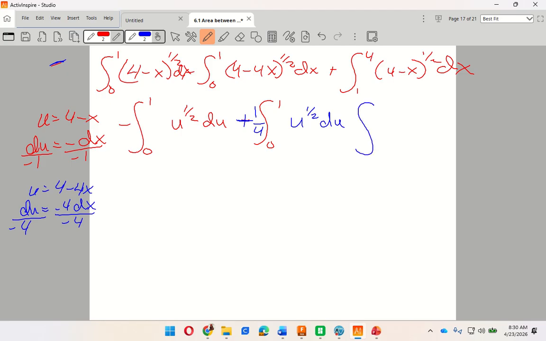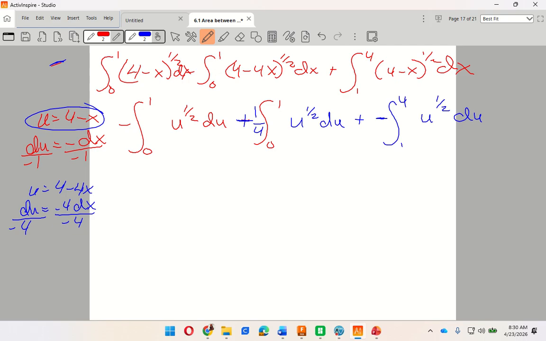And then this one over here is going to be from 1 to 4. And, oh crap, I didn't leave enough space. So that plus sign, 1 to 4, u 1/2 du, which changes this to a negative here, because it's the same du as this one right here.